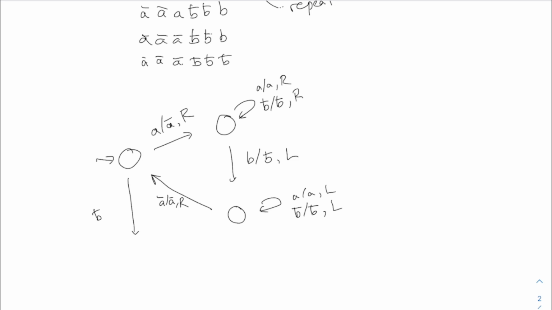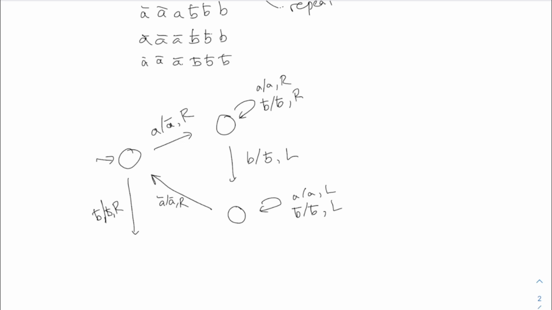Although, there is one little technicality. It is not necessarily accepted if you get back here with a B bar. That's because there could be extra B's that your machine has not marked yet, and in that case, it should be rejected. So I'm going to just put a B bar R here.